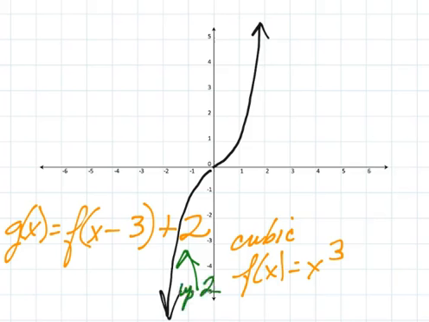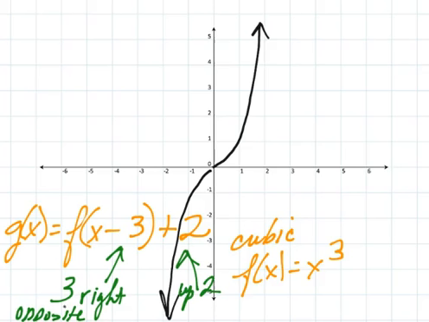It makes sense. What are we going to do right here? We're going to move 3, left or right, but which way? I think we're going to go 3 to the right, because what are we supposed to remember? Opposite. Everything's opposite inside the function.